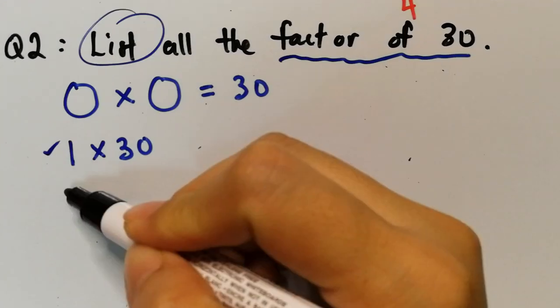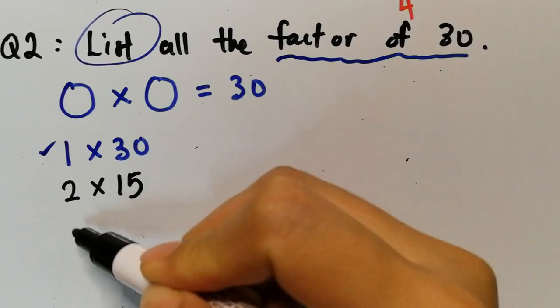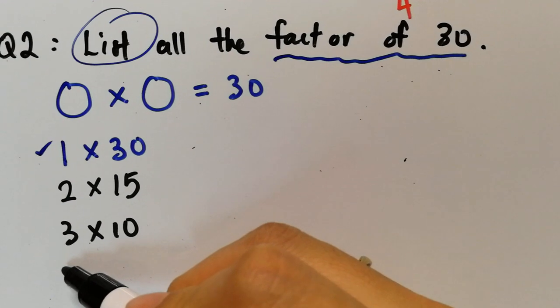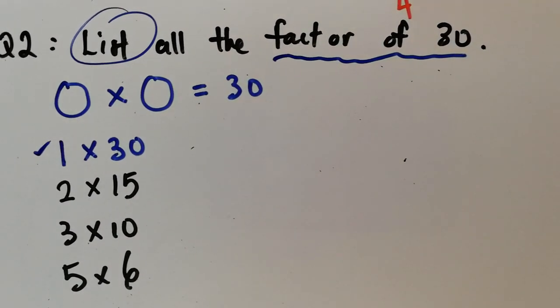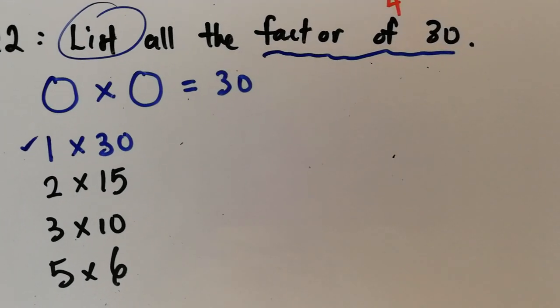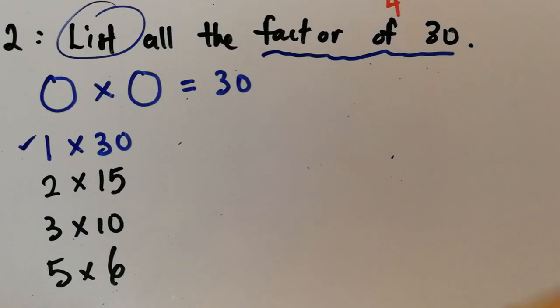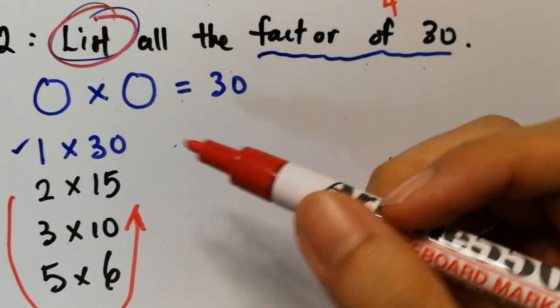Next is 2 times 15, 3 times 10, 5 times 6. Okay, is there any more numbers that we multiply to become 30? I don't think that's all. Okay, so you just have to make the U-turn when they ask us to list out.